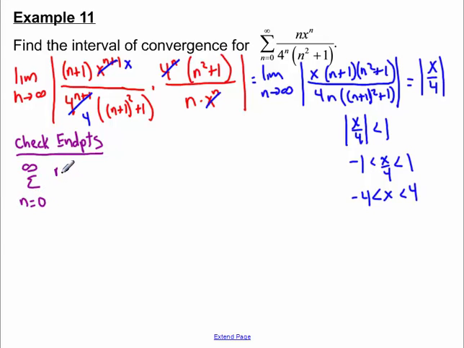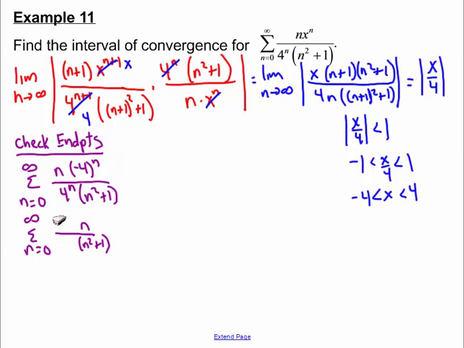Okay, you have 4 to the n, you have -4 to the n. So what we have there is n over n squared plus 1. We have same base. Actually, not the same base, I apologize. Same exponent, so that's going to simplify to -1 to the n. So then what we do is we look at this.